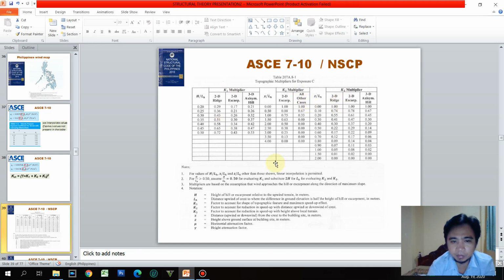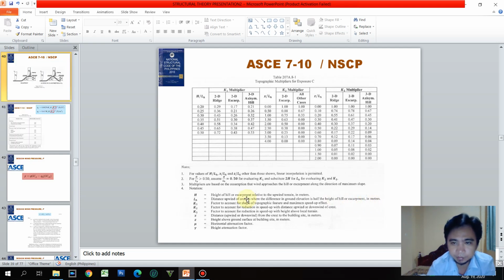So these are the multipliers. H is the height of the hill, and LH is the distance upwind to the crest, where the difference in the ground elevation is half the height of the hill or escarpment, in meters.